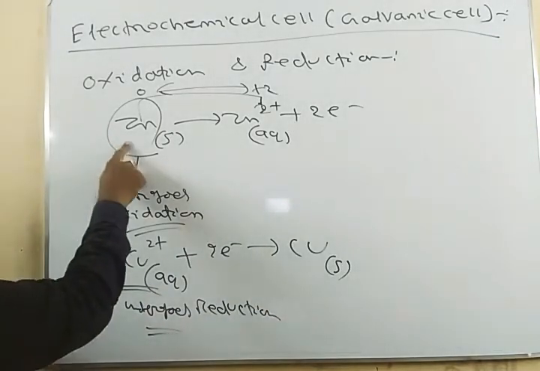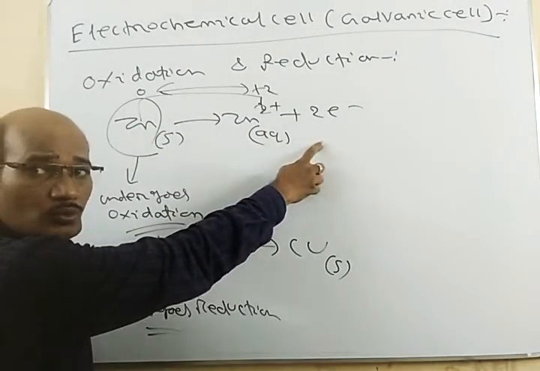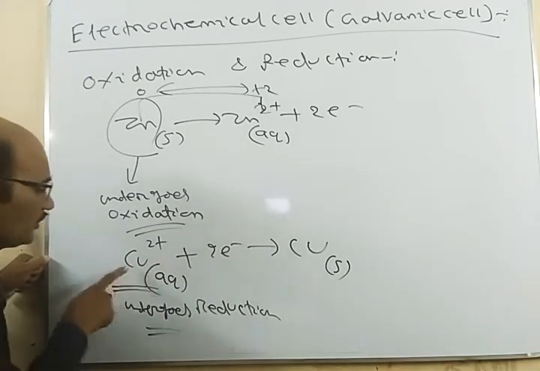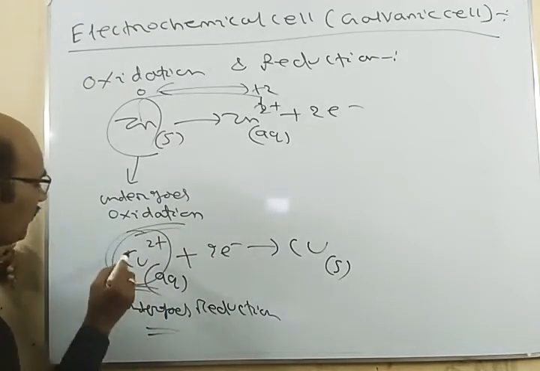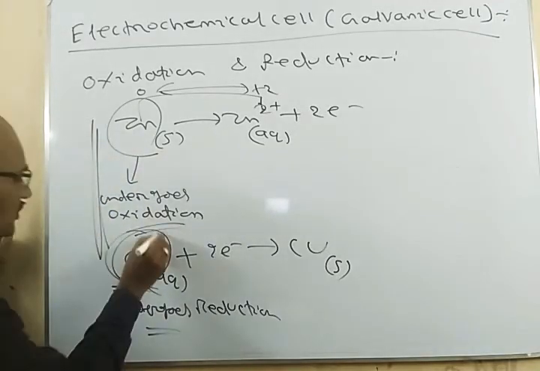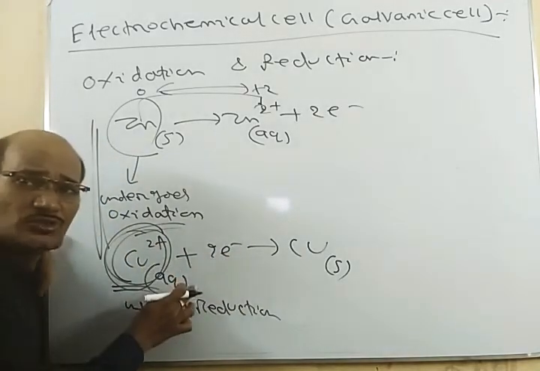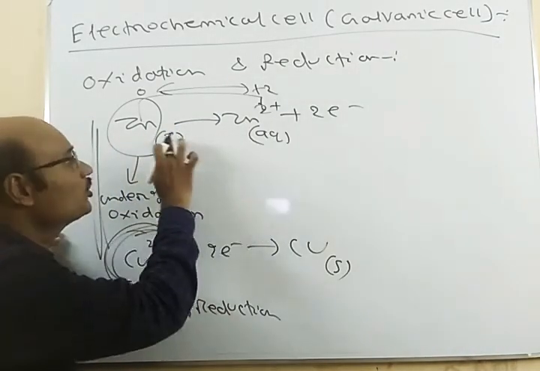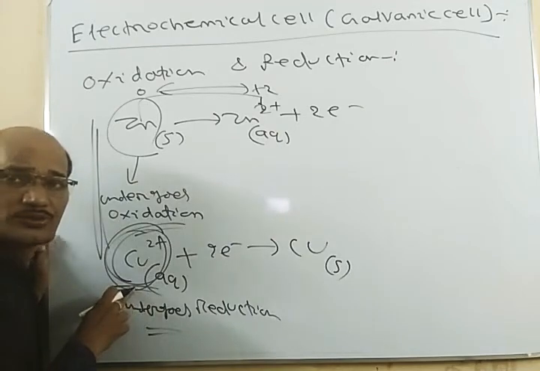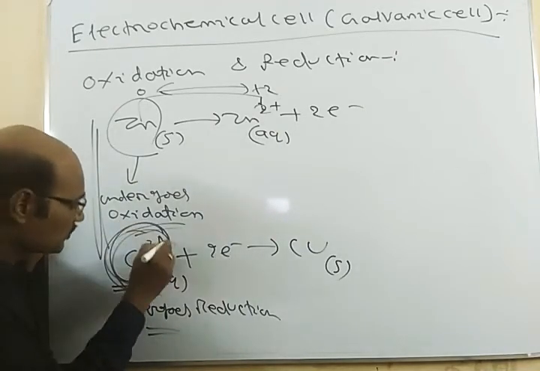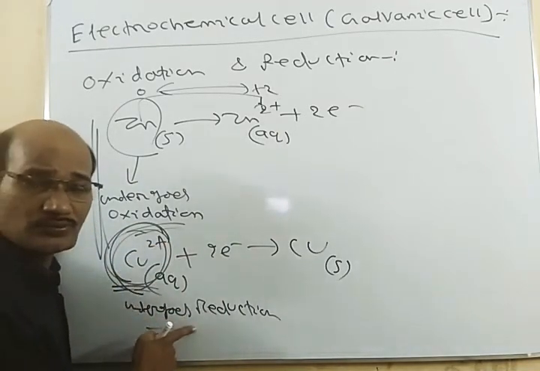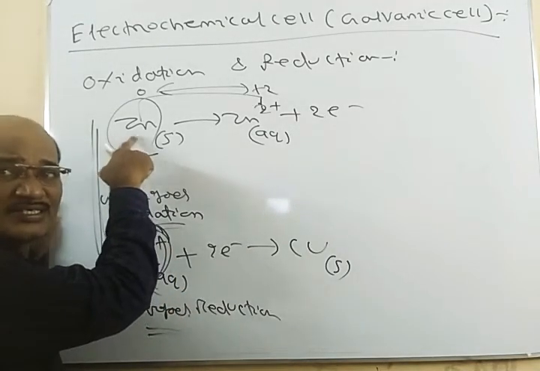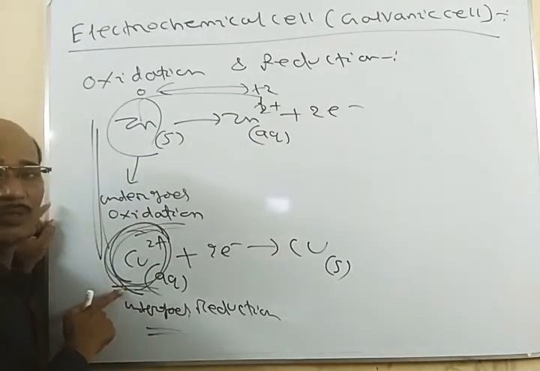Now the zinc is losing electrons, and Cu2+ is taking electrons. If we compare these two, this Cu2+ is taking the electron because the zinc is losing the electron. So the electron lost by the zinc is taken up by this Cu2+. So you can say this Cu2+ undergoes reduction because of zinc, or you can say zinc is reducing the copper.